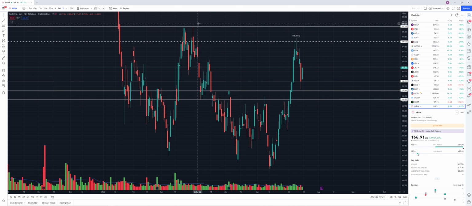So never let your green trade go red. Always take profit. That's why I always try to take at least 50% of my profits, at least 15% of the 50% of the position, and my runners are not more than 25% or not more than 10% of my entire position.